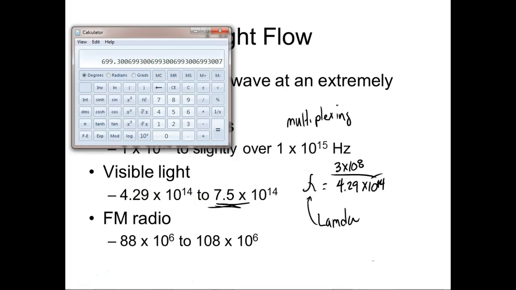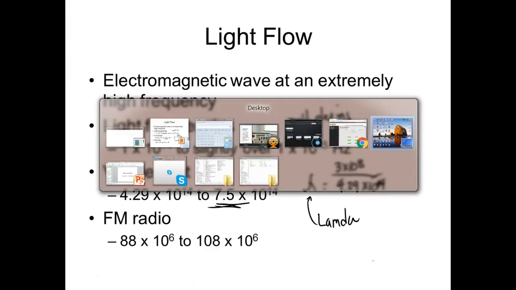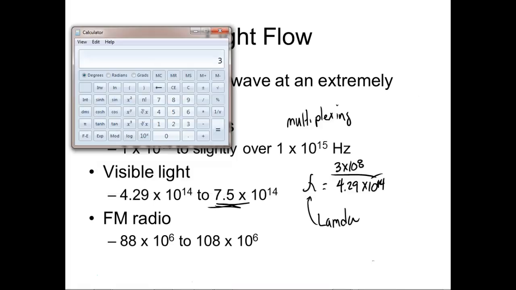I'd say 3 times 10 to the 8 divided by 7.5 times 10 to the 14th, and then I'd multiply that times 10 raised to the 9th power. So that would be 400 nanometers.